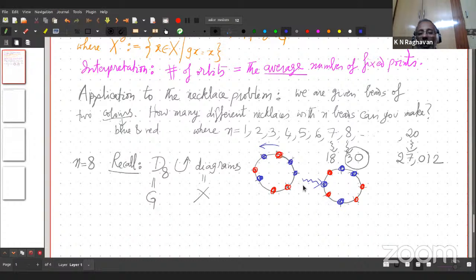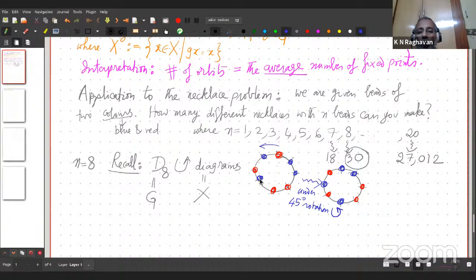Okay, so this is under 45-degree rotation, clockwise, anti-clockwise. Similarly, if I take a reflection, say along the axis of this line, then these two will get interchanged.